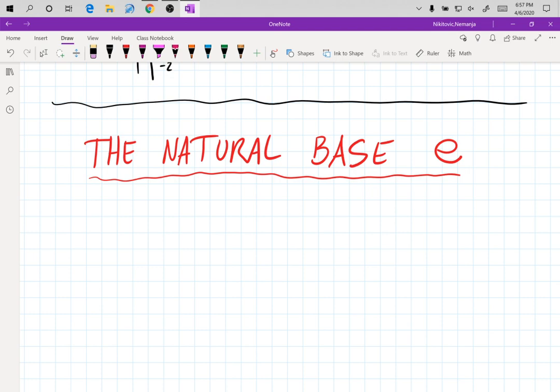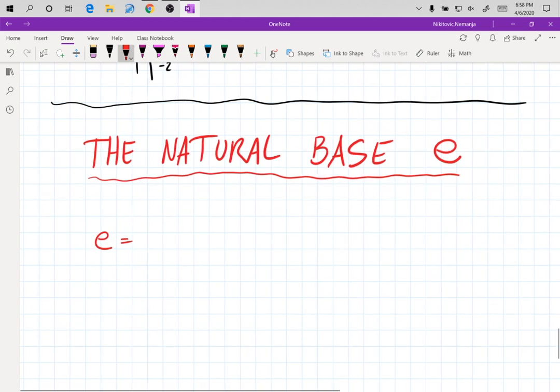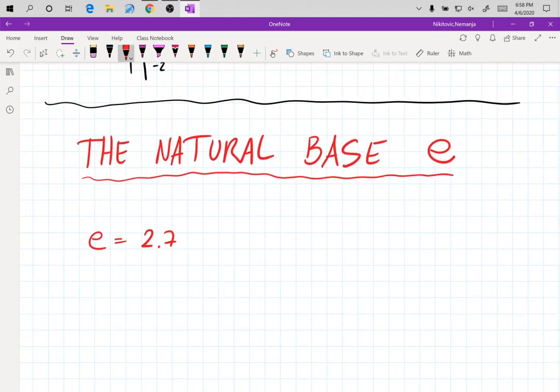So, first of all, E is this very strange irrational number whose decimals go forever. They never repeat into a pattern, right? They never stop. So it's an irrational number, and it is 2.718281845904523. I don't know how many.